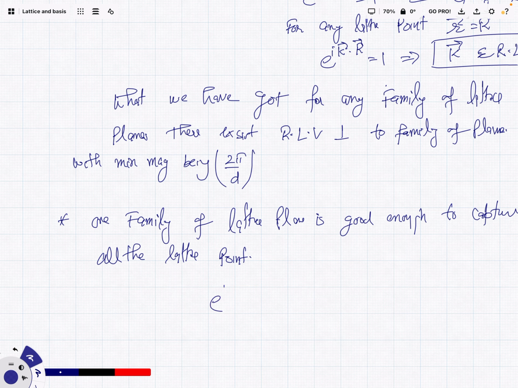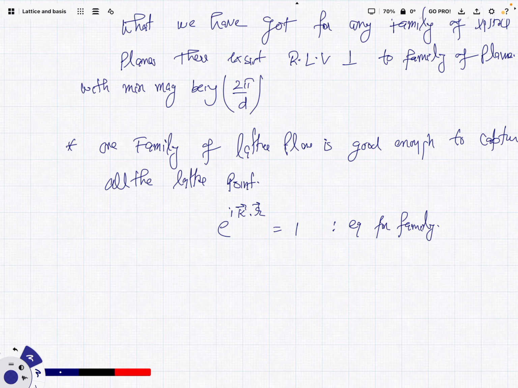Okay, I will say this is the equation of a plane. Now instead of R, I can just put a reciprocal lattice vector K. This is the equation for the family. How do I say every point will be covered by this family? Every point can be described by a capital R vector.